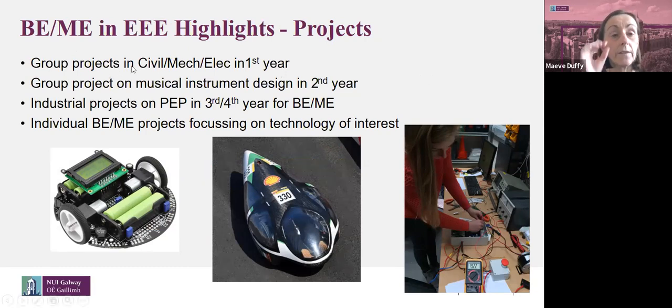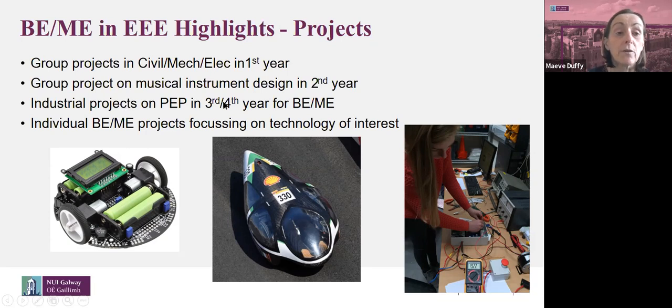So like I said, there's a lot of project work, and that starts right in first year, where you do group projects. So you get a feel for multidisciplinary engineering projects with civil and mechanical engineering students.